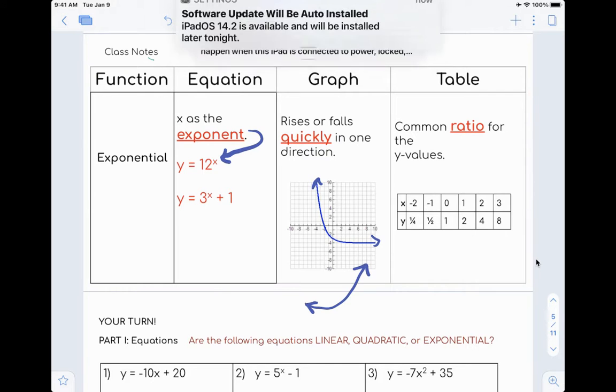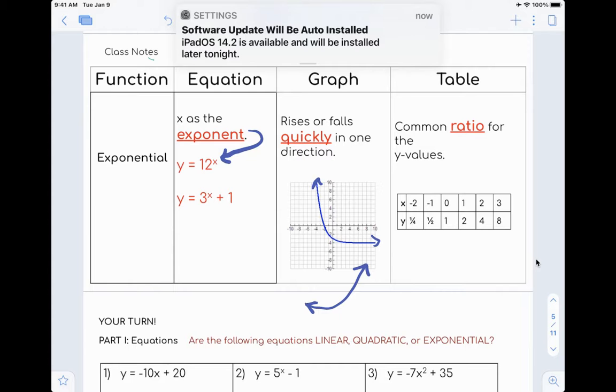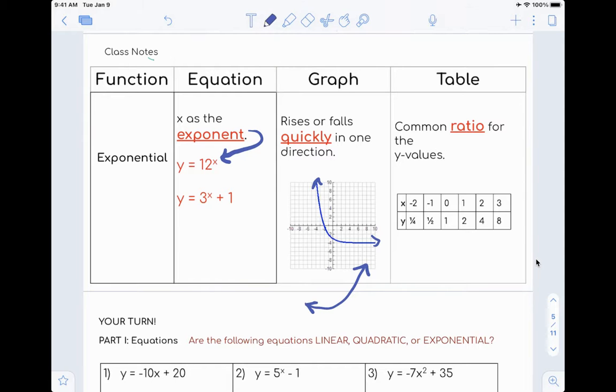So in a table, we're looking for the common ratio. When you think ratio, you should think multiplicative relationship in the y values. So if I look at the x table again, I can see that all my x values are increasing by 1. These are the same input values for all the examples.